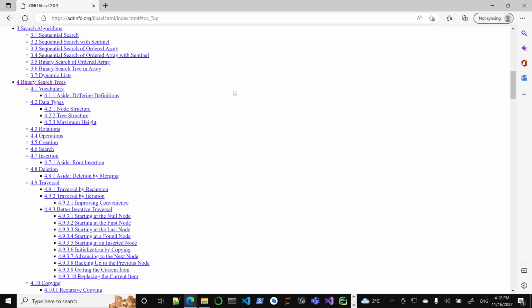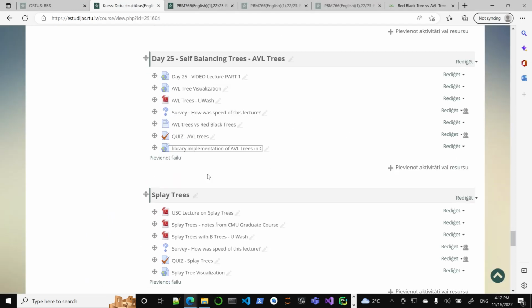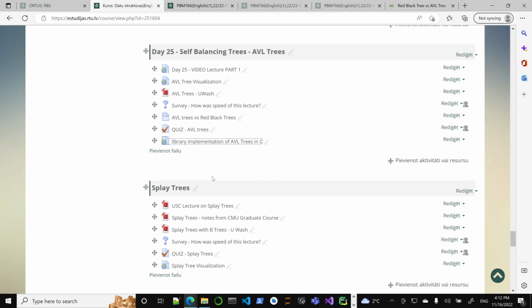Next lecture we will look at splay trees, a very advanced structure for accessing data, more appropriate for caching purposes. But still a balanced tree. And then we'll proceed to some more tree structures.